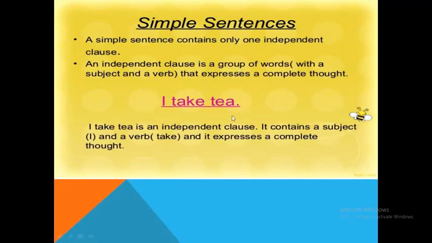So this simple sentence contains just three words and a punctuation mark, that is full stop. So I take tea is an independent clause. It contains a subject I and a verb take, and it expresses a complete thought.